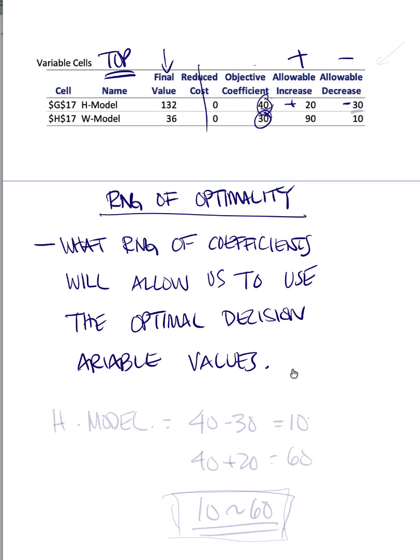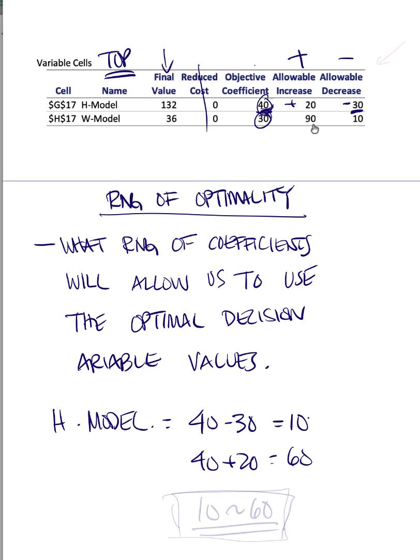Okay, so it's just a matter of, in this case, for the H model, the lower limit is 40 minus 30, which equals 10. And the upper limit is 40 plus 20, which is 60.